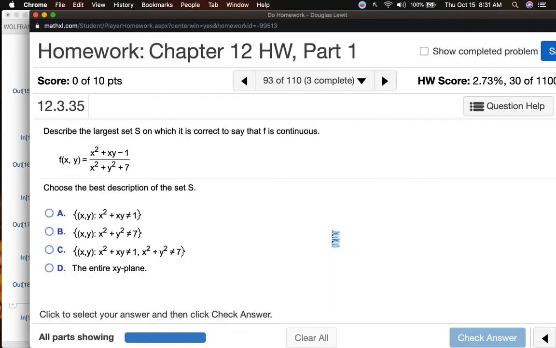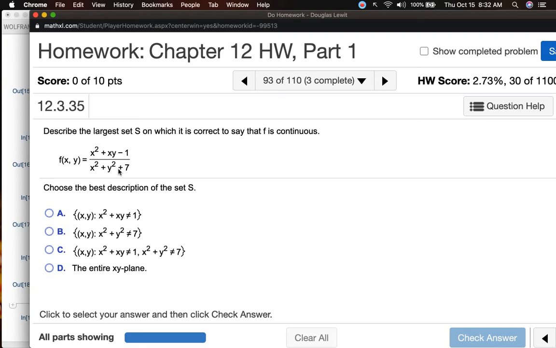Describe the largest set S on which it is correct to say that f is continuous. So here you have to ask yourself the question, are we ever dividing by 0? Don't worry about the numerator. Think about the denominator. Is the denominator ever equal to 0?